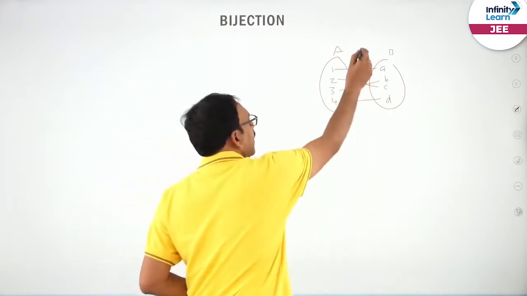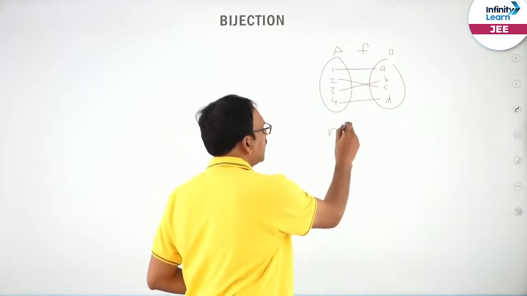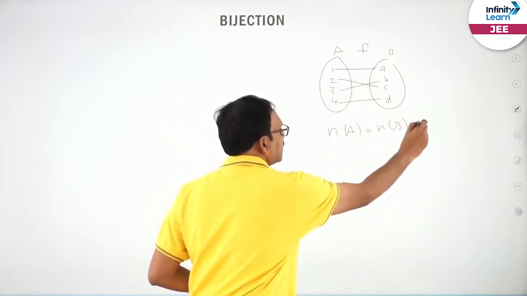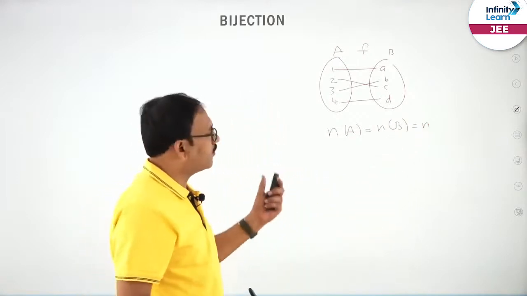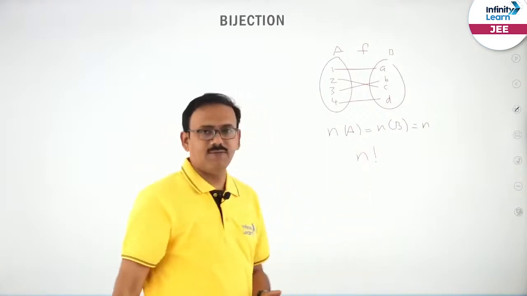So, when f from A to B is a bijection and A, B are finite sets, you can observe that n(A) is equal to n(B). Suppose this is n, the number of different bijections that I can form from A to B is going to be n factorial, right friends.